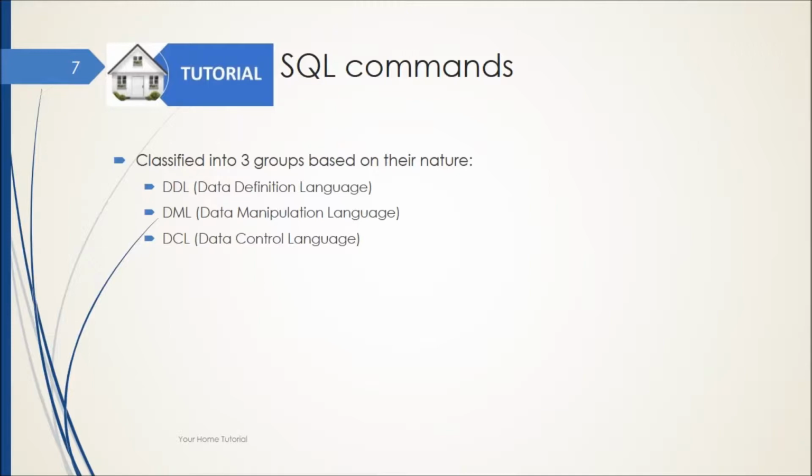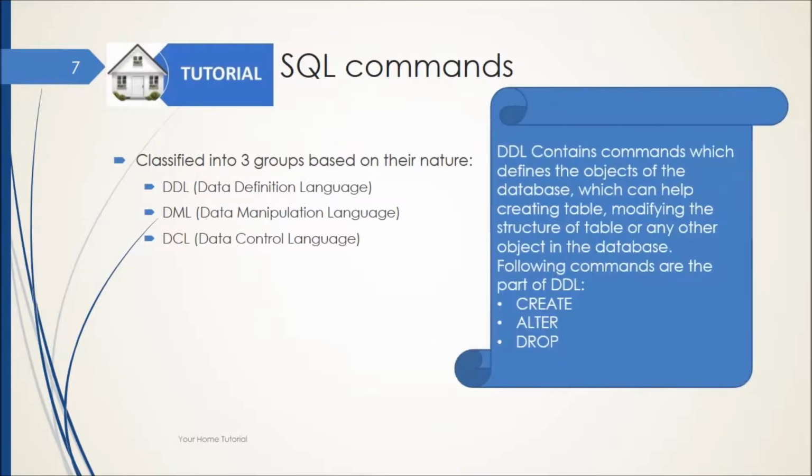As the name says, DDL is a set of commands which are used to define the objects of the database, which can help in the creation of a database, the creation of a table, modifying the structure of the table, the structure of the database, or any other object.